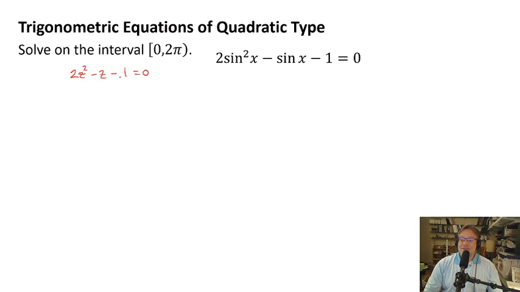And for solving this kind of equation, I would be factoring this out, and I'd be asking myself the question, what two numbers multiply to give us -2, but add to give us -1? And the answer is -2 and +1.